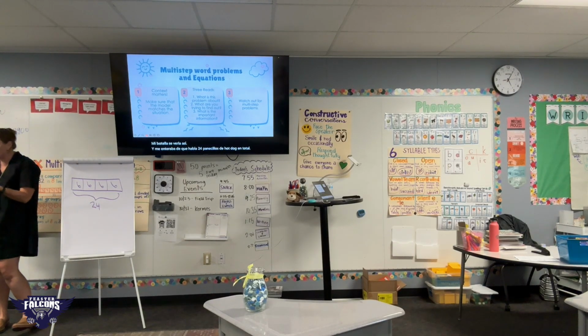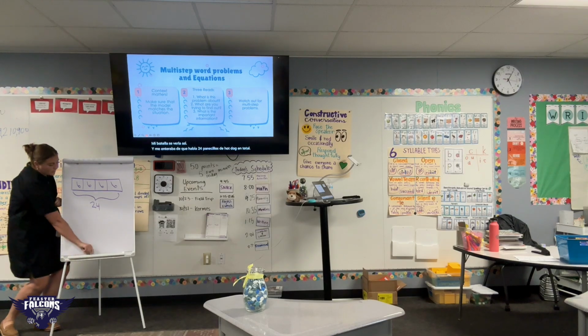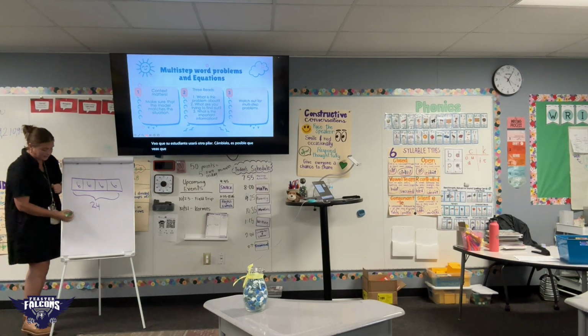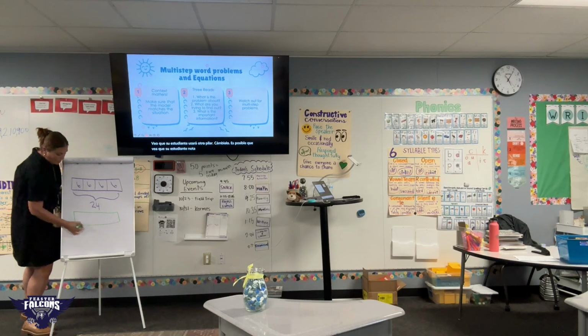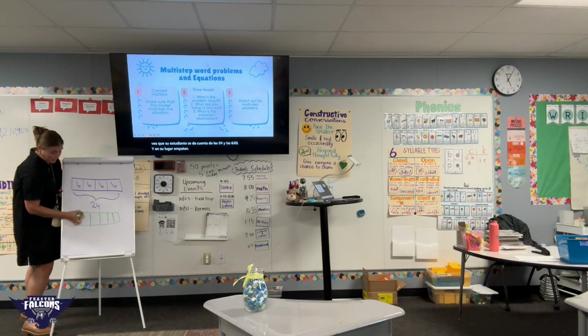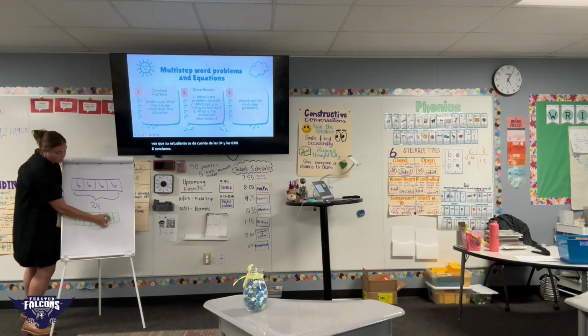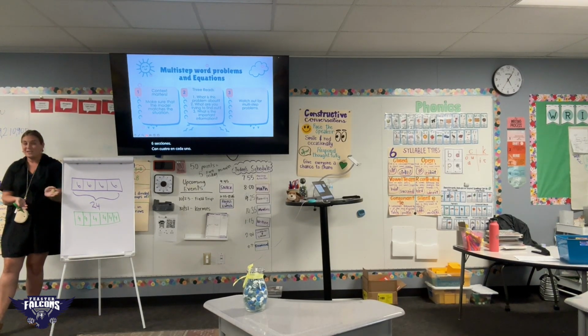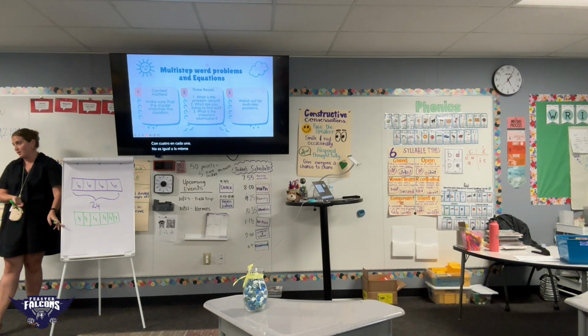You might see that your student, I'll use another color, switch it up, you might see that your student notices, oh, 4 and 6, and they draw instead 6 sections with 4 in each. And that equals the same amount, but it doesn't match the situation that we're talking about.